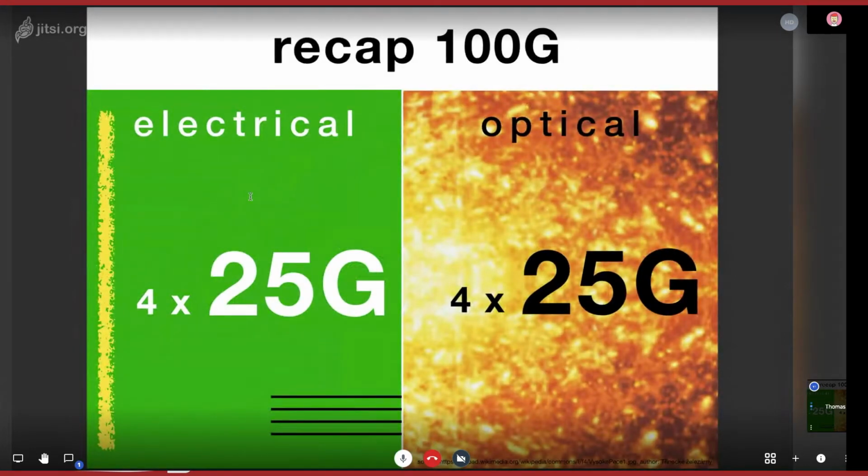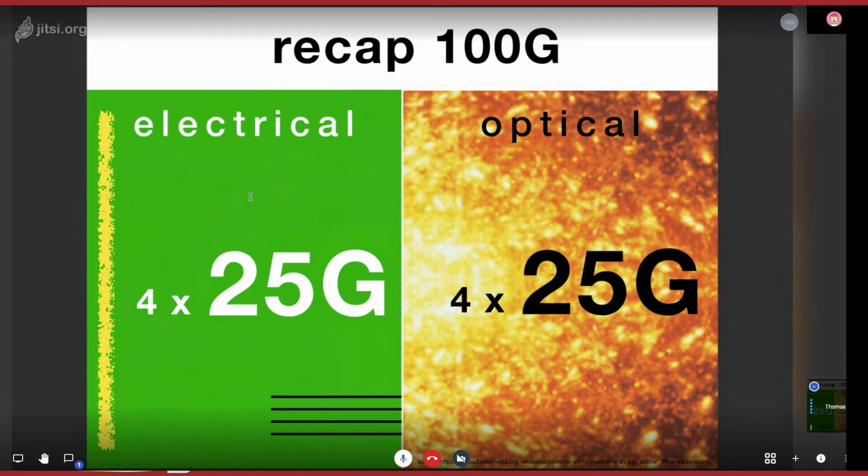Let's do some recap on the 100 gigabit. When we open up a transceiver, we have an electrical side on the left and an optical side on the right. Basically, we have that on every transceiver. It doesn't matter if it's 100 gigabit or 10 gigabit or 1 gigabit. But the special thing at 100 gigabit transceivers, at least in the latest generations with the form factor QSFP-28, is that we had 4 times 25 gigabit electrical driven.